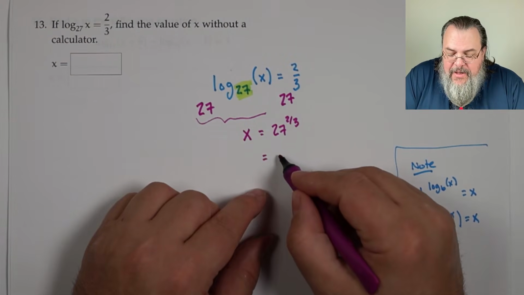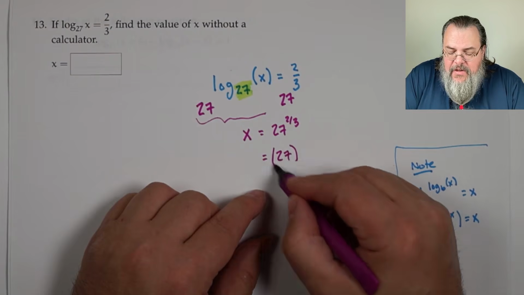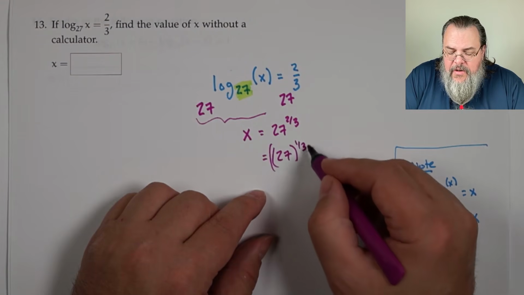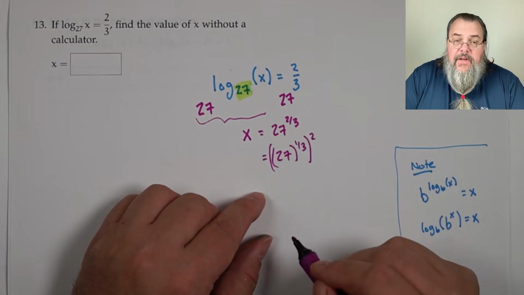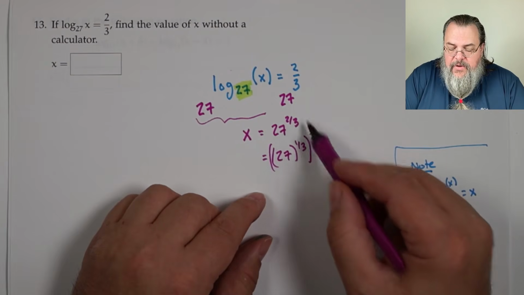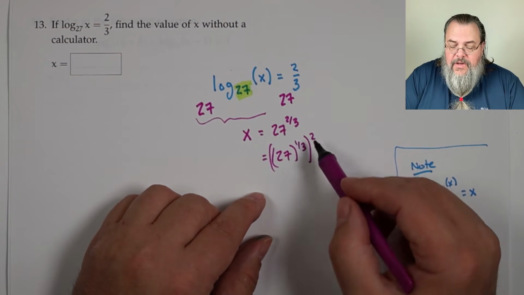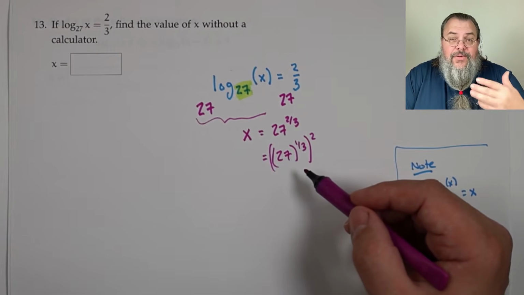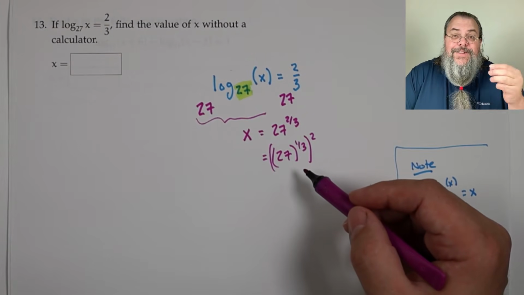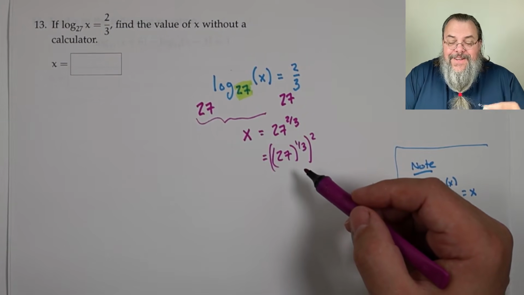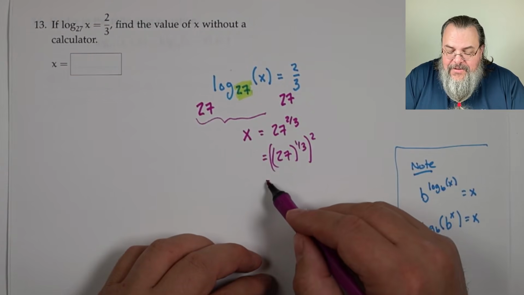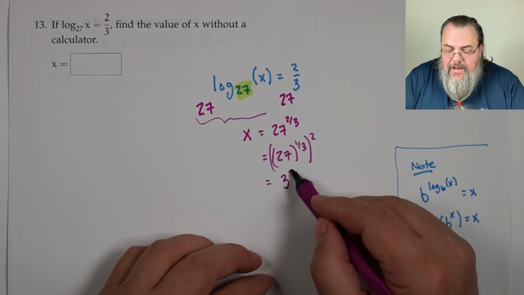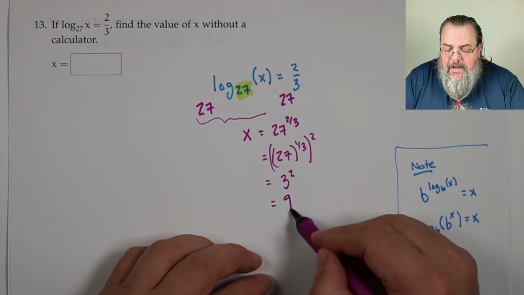So here I think this says 27 to the 1/3 squared. And that's the property of exponents. If I have 2/3, I can think of it as 1/3 times 2. The cube root of 27, well, is there a number that when I multiply it 3 times gives me 27? 3 times 3 times 3. So the cube root of 27 is 3, and 3 squared is 9.